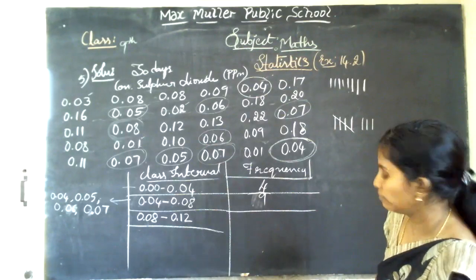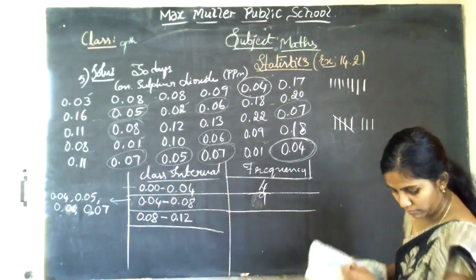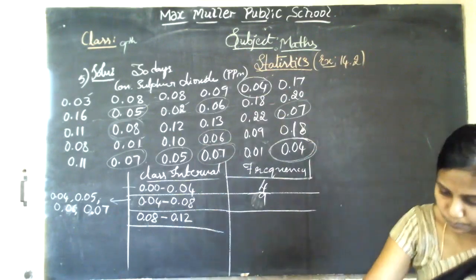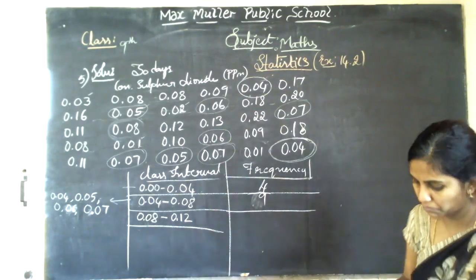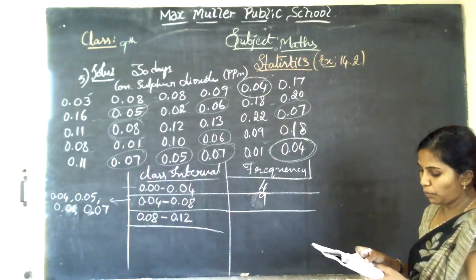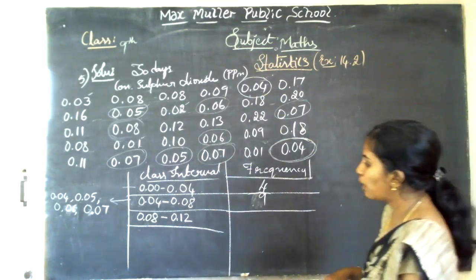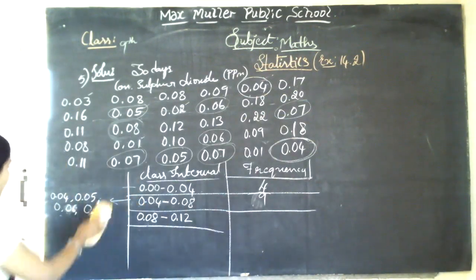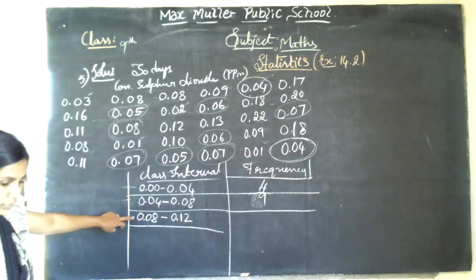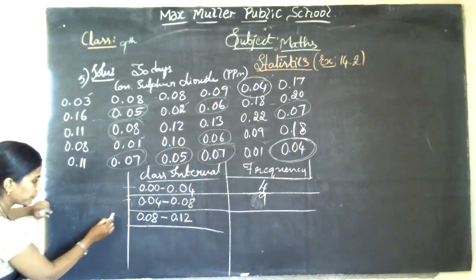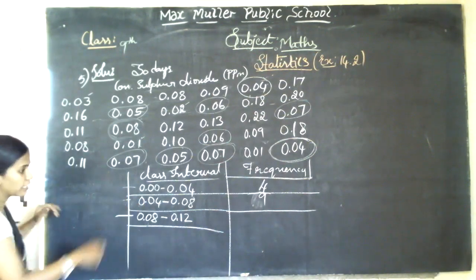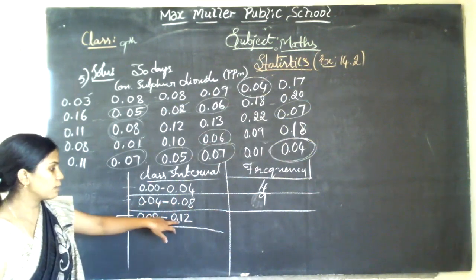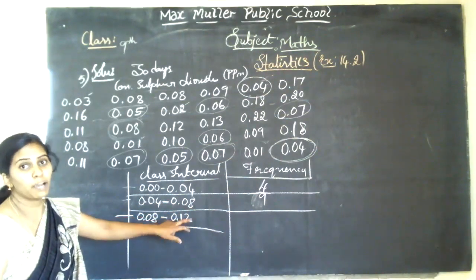Move to the next row. 0.08 to 0.12. What are the numbers we have to take? As I told you, 0.08 becomes the lower limit and 0.12 becomes the upper limit.